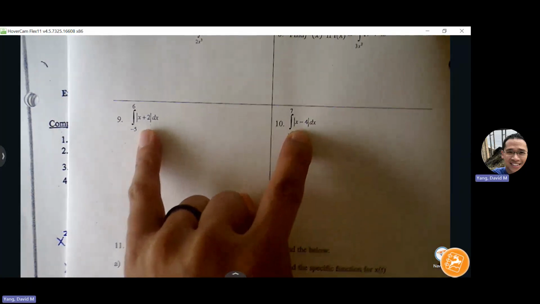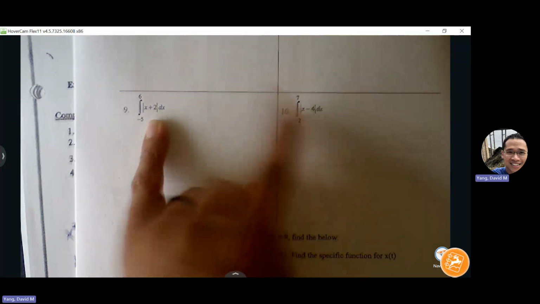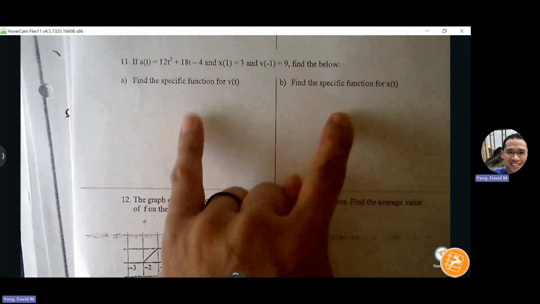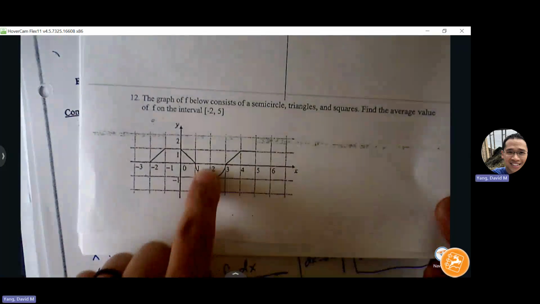I haven't shown you how to do the absolute value, but these are easy. We can sketch the graph and just add triangles. Particle motion, but really it's just acceleration to velocity to position. Average value theorem.